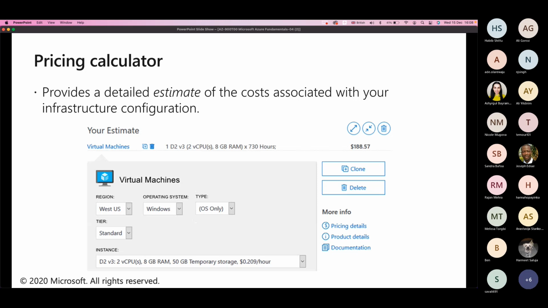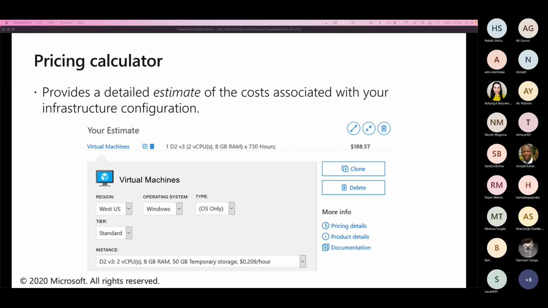Now, the nice thing that Azure gives you is a simple tool to estimate how much it might cost you in terms of your requirements for an Azure system. The pricing calculator provides a detailed estimate of the cost associated with an infrastructure configuration.